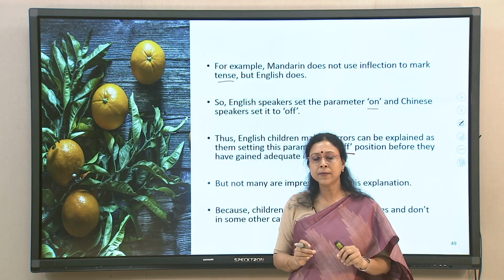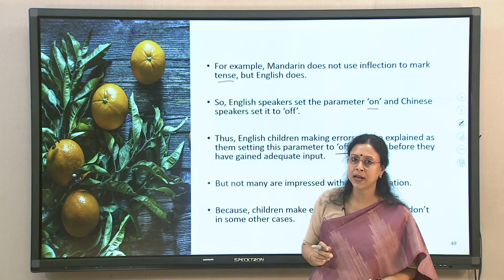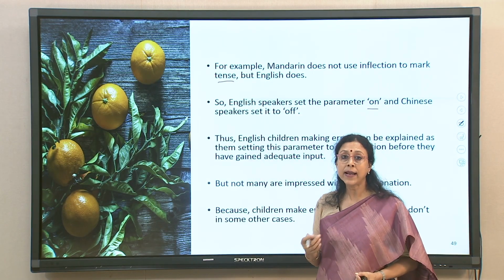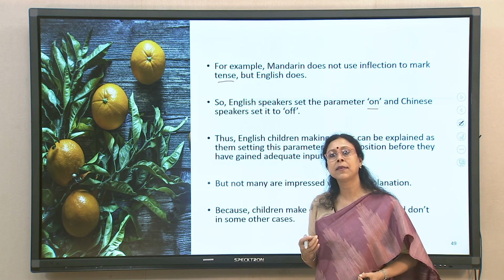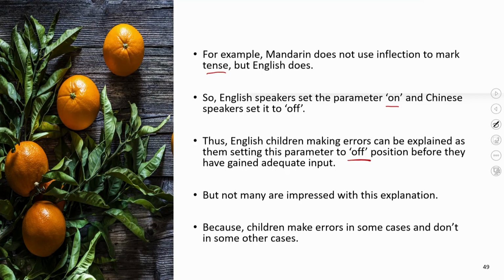So, if you consider inflections also as part of the parameters, then English speakers might by mistake switch it off, and thereby they can have errors with respect to tense marking. Now, why should that happen? This might happen because this is a position before they have gained adequate input in order to set the parameter in a language specific way.